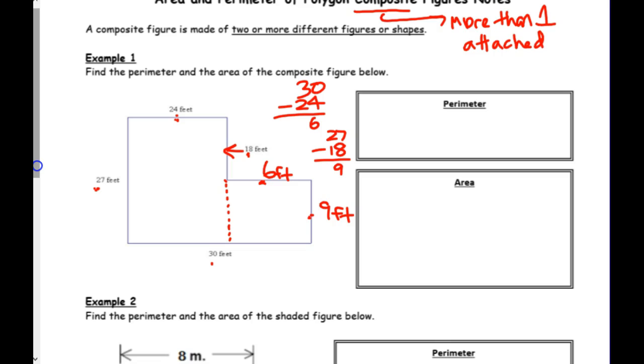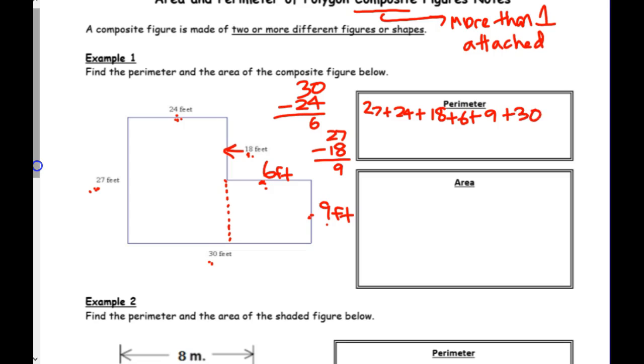Now, everybody who's not on their phone doing weird stuff, right? So what are we going to do with all the sides to figure out the perimeter? We add them all up. So I'm going to add up 27, 24, 18, 6, 9, and 30. Let's add those up in my perimeter box here. 27 plus 24 plus 18 plus 6 plus 9 plus 30.